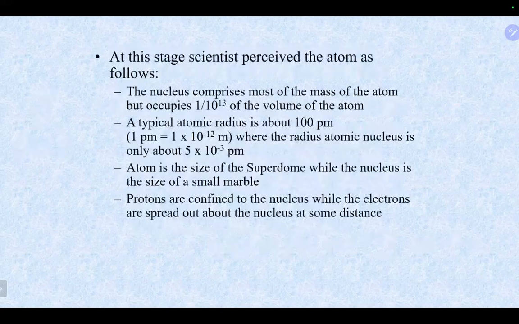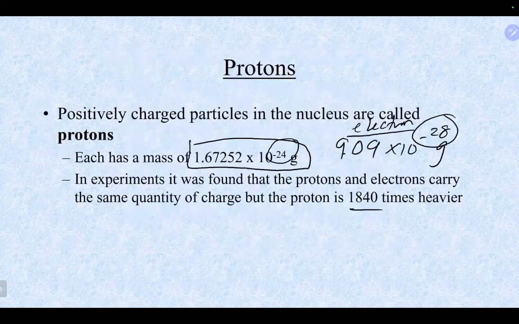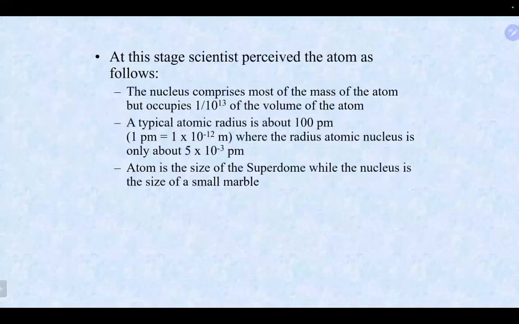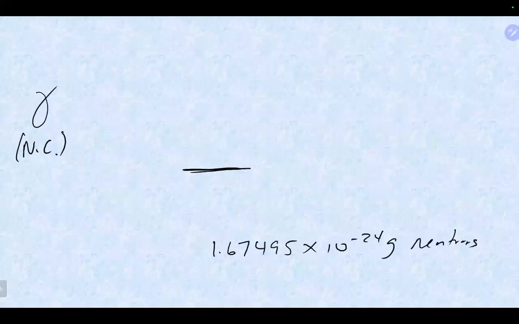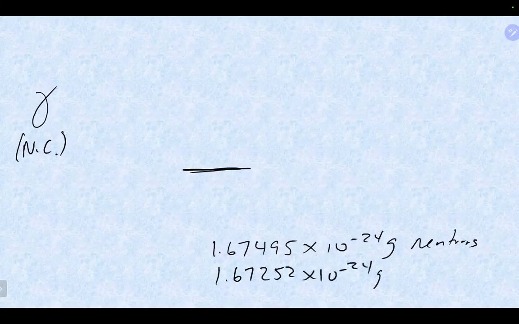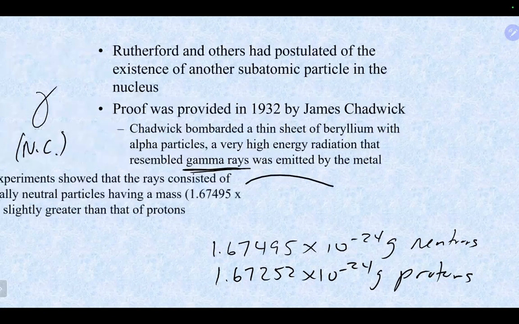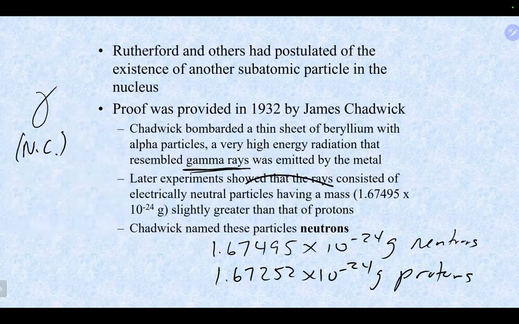It's because of what we see here: 1.67252 times 10 to the minus 24 grams is the mass of our protons. So they are very, very close to one another in terms of mass, but it is actually the neutron that is the heaviest, just barely, and that's why they take it out that far.